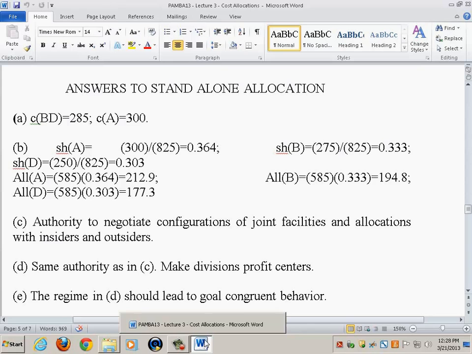Yes? You might have some trouble figuring out what all the pairs are, so AB or AD. Yeah, because you have to estimate that. You start with a certain structure, right? For example, we started with a structure where all of them share one facility, A, B, and D. In order to implement this method, you have to estimate, hypothetically, what if each one of them had a separate dedicated facility standalone. So you have to estimate those costs.